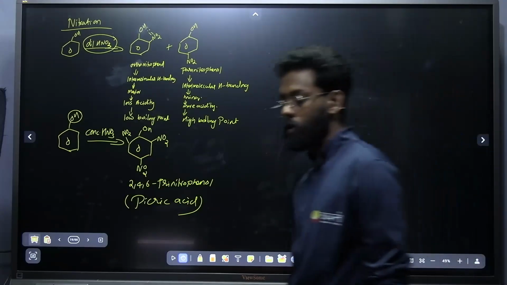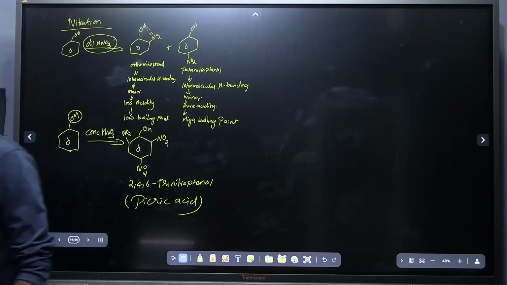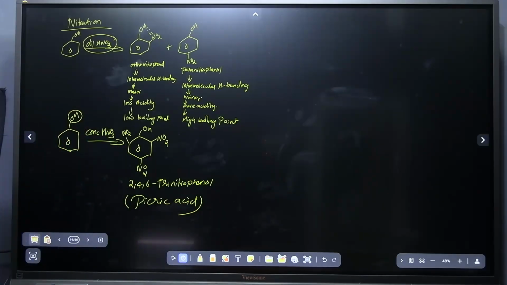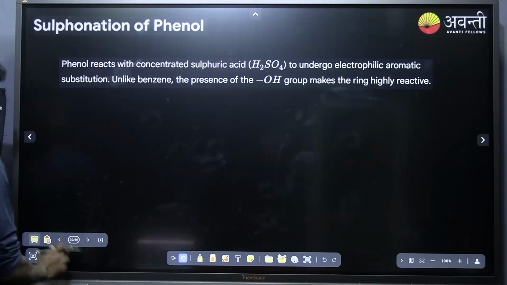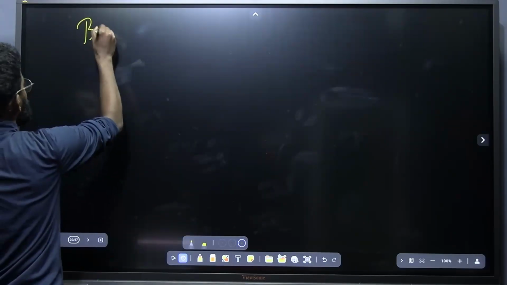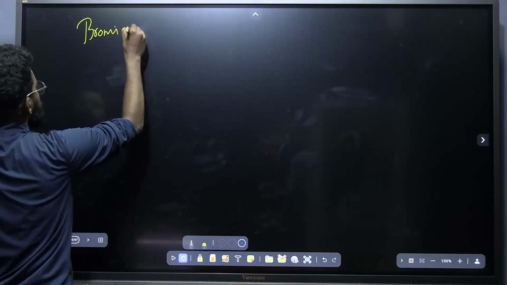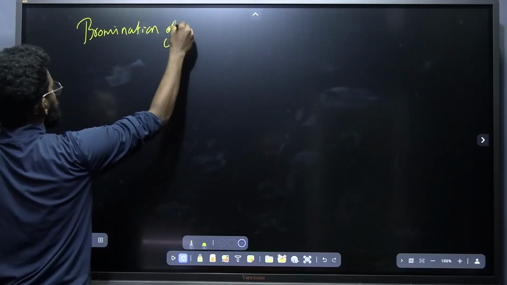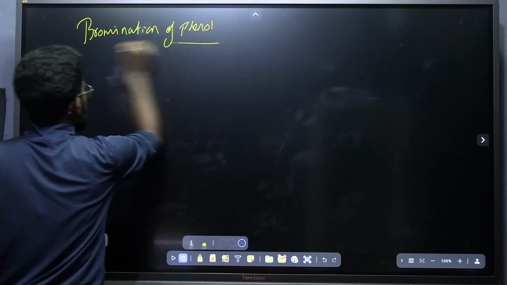Now we can move into the halogenation, especially the bromination of phenol. Shall we move to bromination of phenol? The point you have to note down is bromination of phenol.